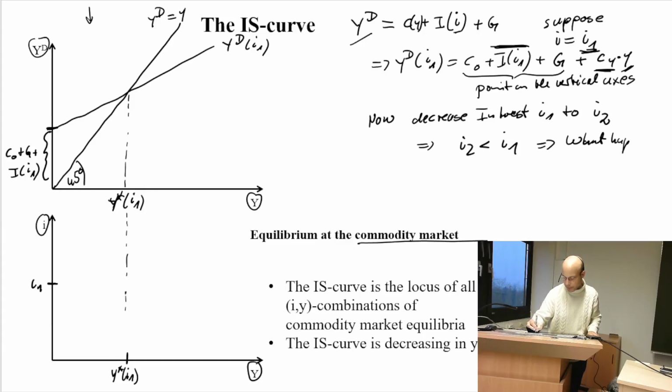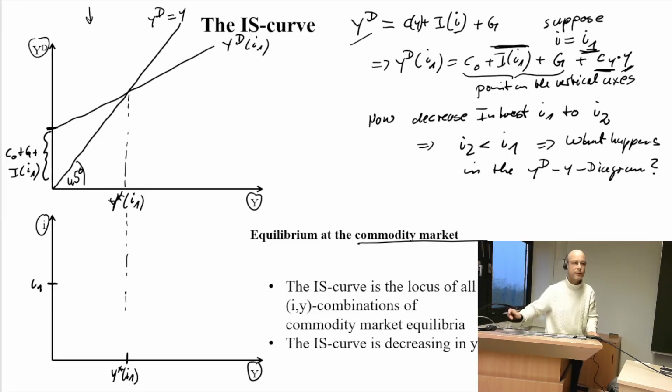What happens in the YD diagram? Any idea?